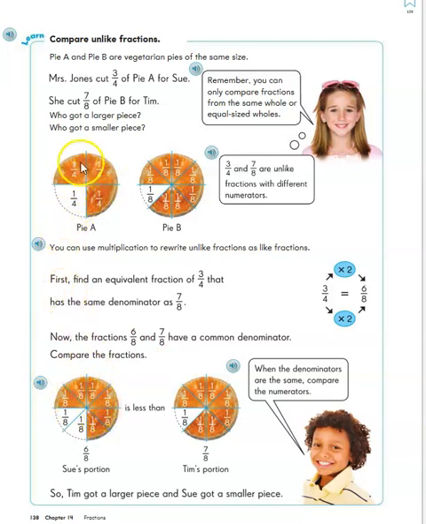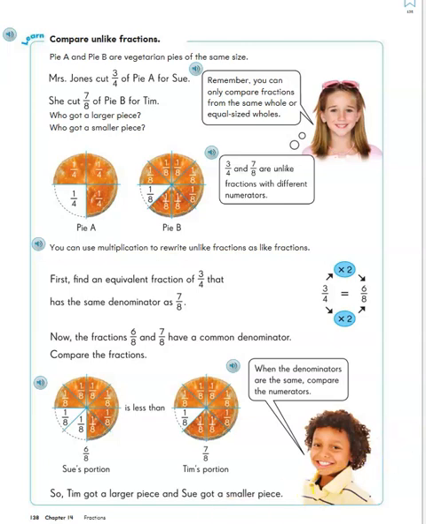Notice, guys, that 3/4 is the same as 6/8, which is what we just did over here, and we can see that right here. And it's so much easier to compare because we know that 6 out of 8 is definitely less than 7 out of 8, right? So Tim got the larger piece and Sue got the smaller piece.